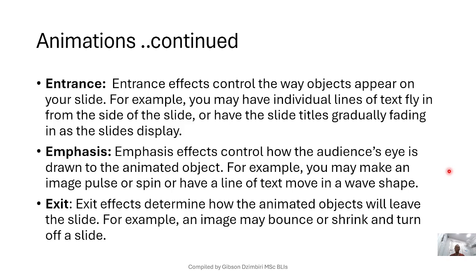So it has to be like it is emphasizing the point to draw the audience's attention. The exit is when you want to move to the next slide. So it means now the text will be animated to indicate that you are exiting that particular slide. You are going to the next slide. So animations actually occur within the slide, whereas transition animation is the one that happens if we're moving from one slide to another.